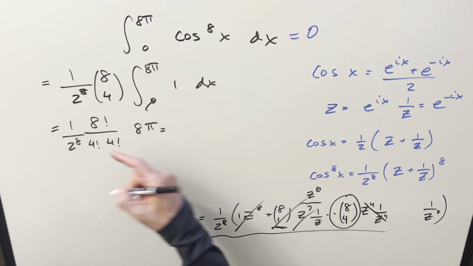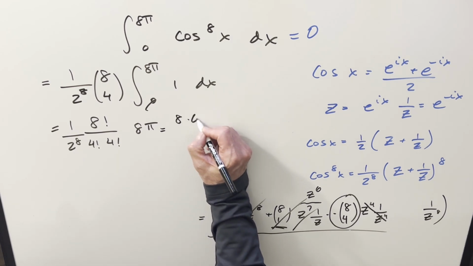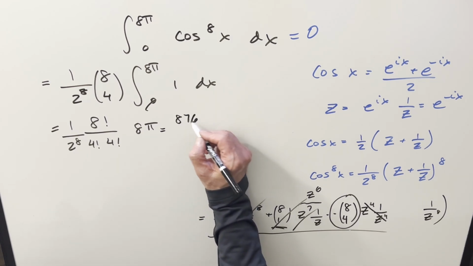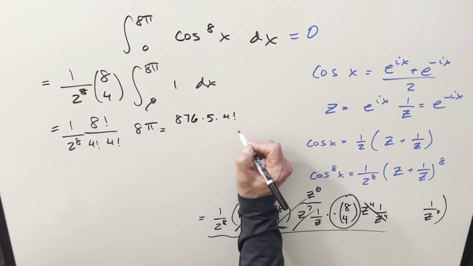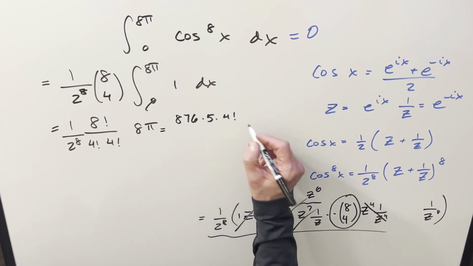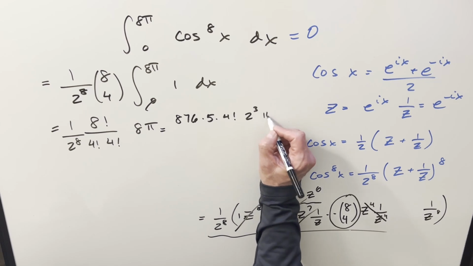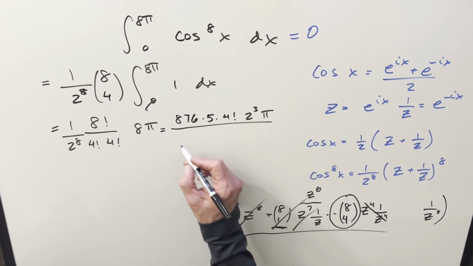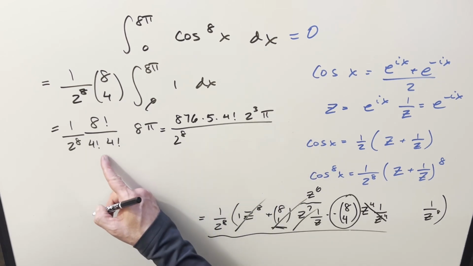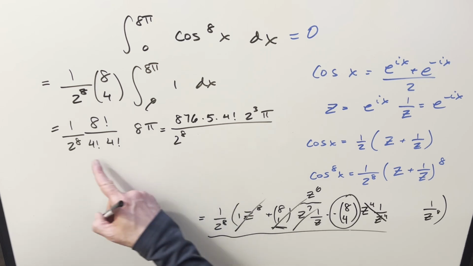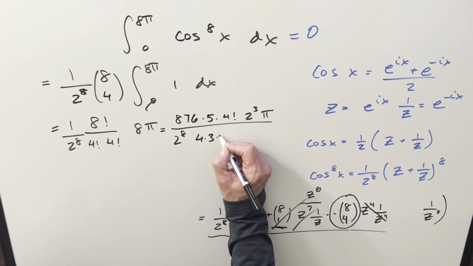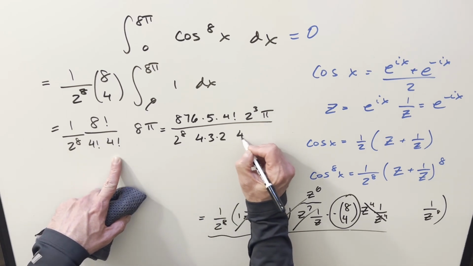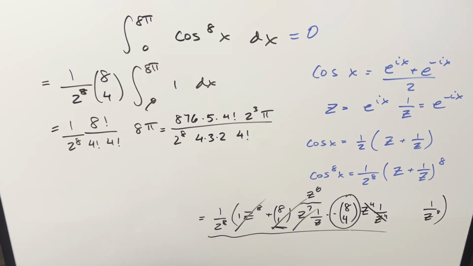Then simplify, expanding out 8 factorial, I'll write it as 8 times, I forgot a 7, 8 times 7 times 6 times 5 times 4 factorial. 8 pi, let me write this as 2 cubed. There's going to be a lot of 2's, so we're going to need to cancel 2's, like right here with the 2 to the 8th. Then we're going to have 4 factorial. Okay, let's write that as 4 times 3 times 2, and then times this 4 factorial.